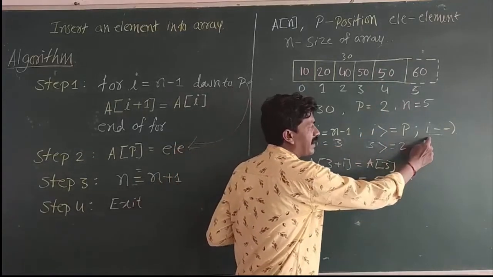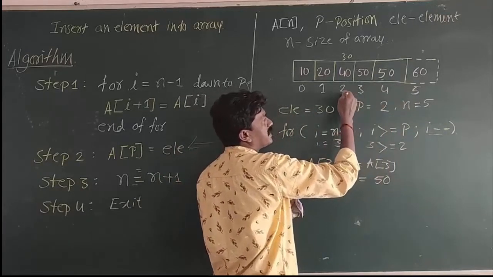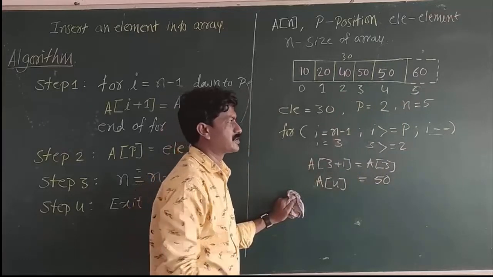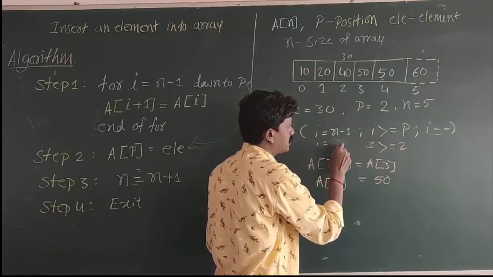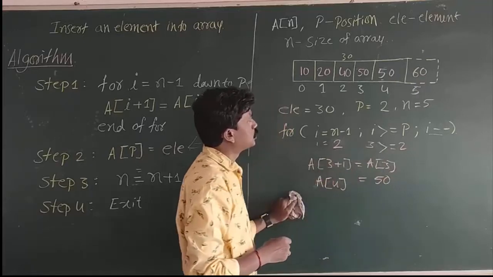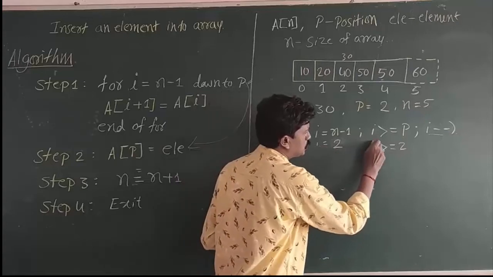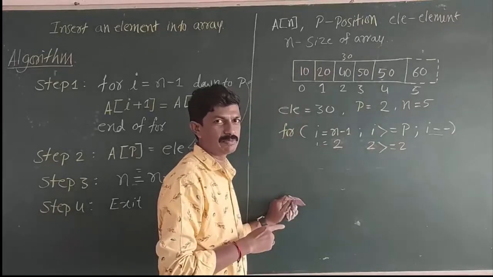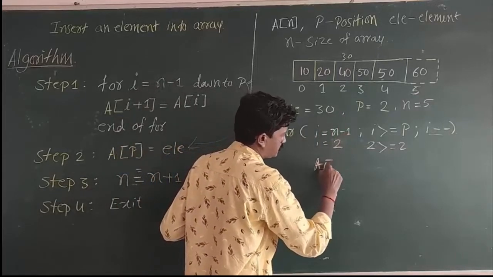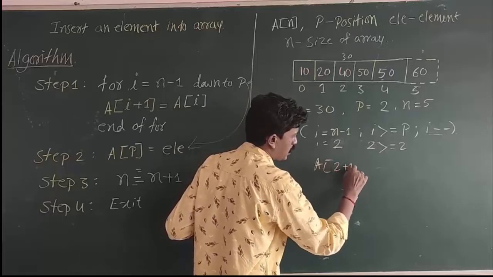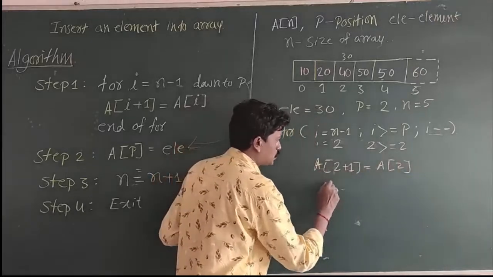Next, i minus minus again, because I need to shift all these elements until I get the particular position. Now i becomes 3 minus 1, that is 2. Again 2 is greater than or equal to 2. Yes, the condition is true, so we enter the loop. Once again it shifts a of i to a of i plus 1, that is, a of 2 to a of 3.